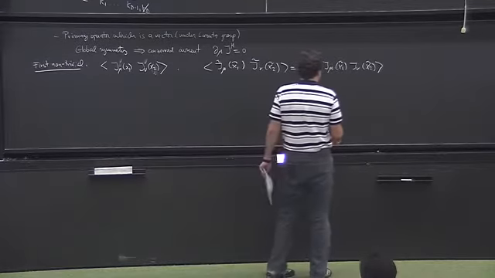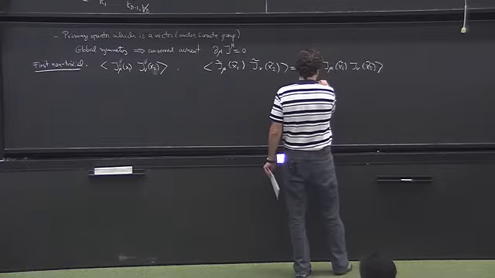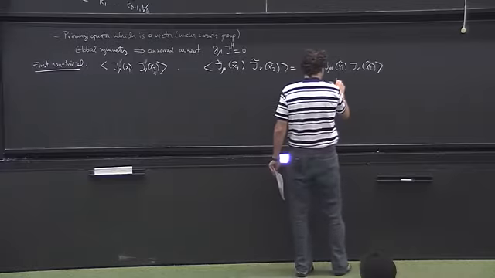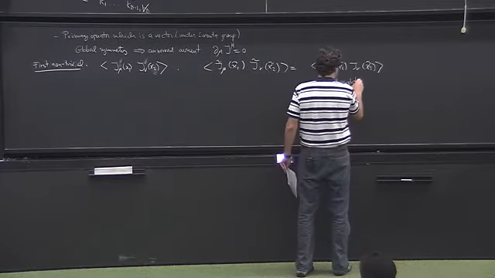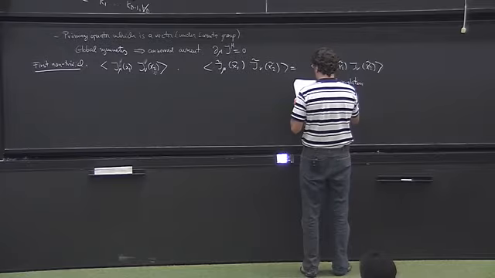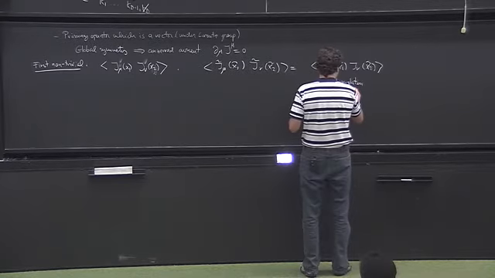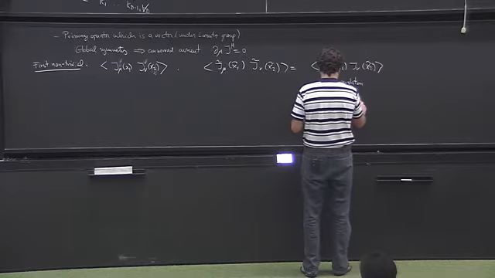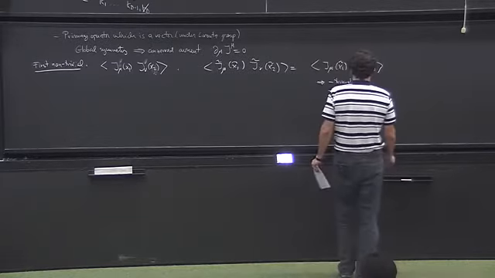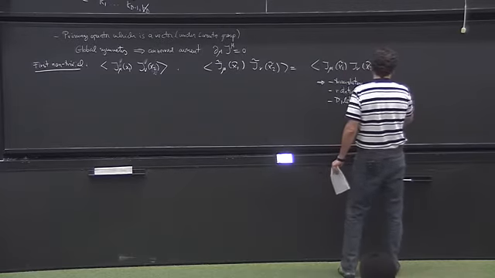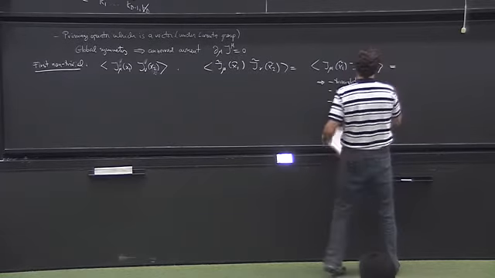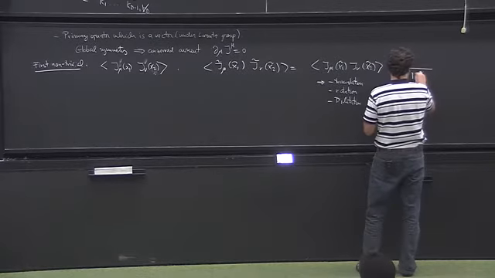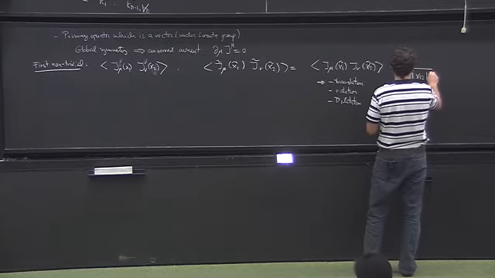Now, without further ado, I will claim, given our discussion yesterday, that translation, rotation invariance, and dilatation invariance tell us that this is 1 over x1 minus x2 to the 2 delta.